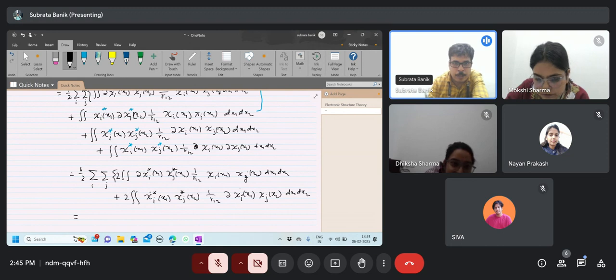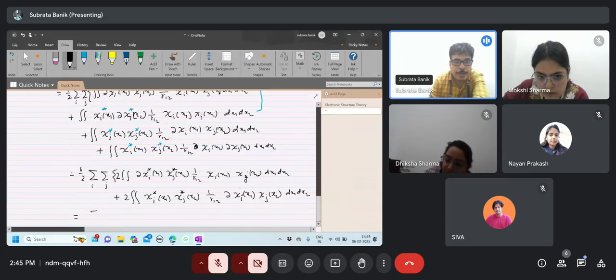So you see we got this part common. The 2 will be common. If you take it out, it cancels that half. So all I get is sum over i, j.